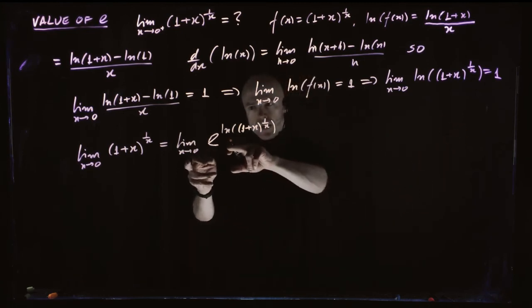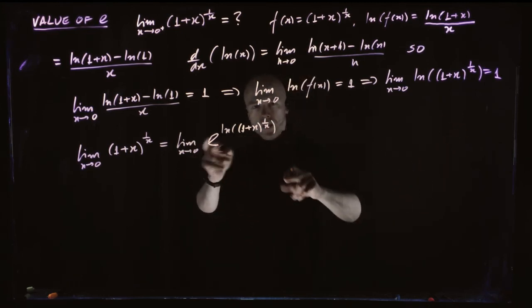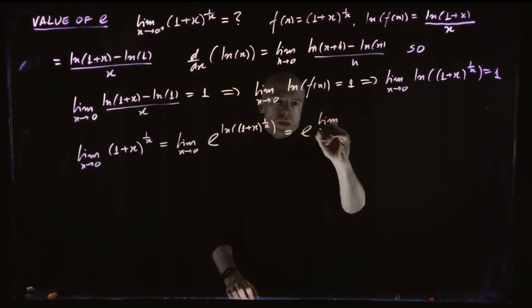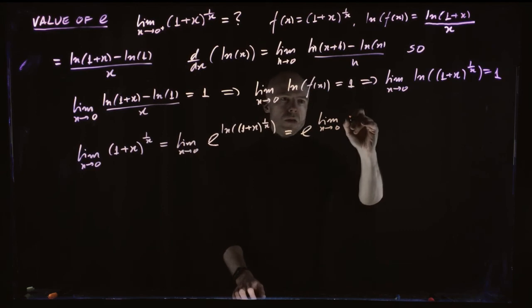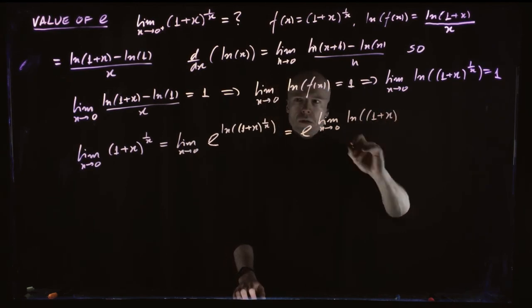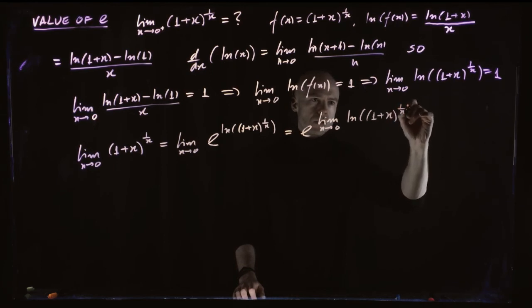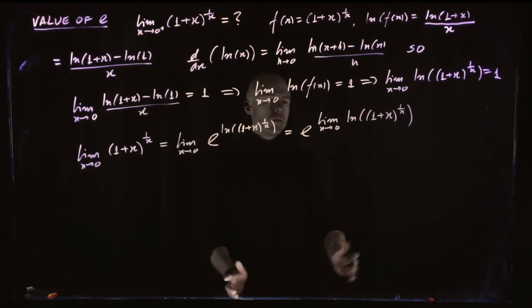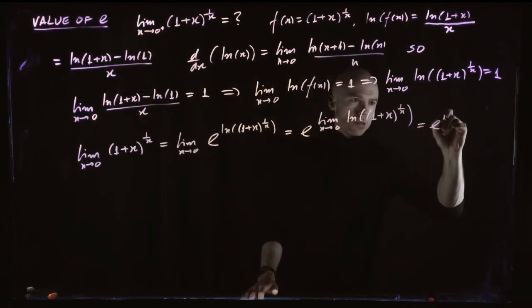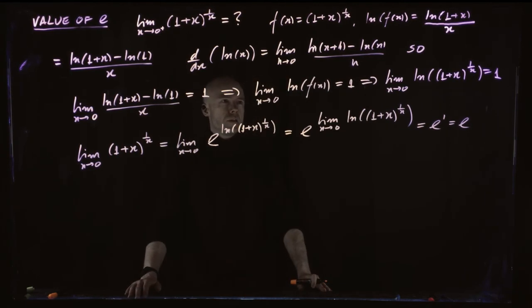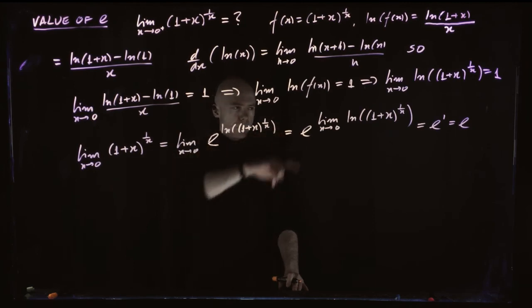So this allows us to take the limit through this e, which is continuous, and it's the same as the limit as x goes to 0 of this guy now, and we found out that this thing is just equal to 1, which is just e to the 1, which is just e, this mysterious number that we want to find. So we found out that this thing in the limit is e.